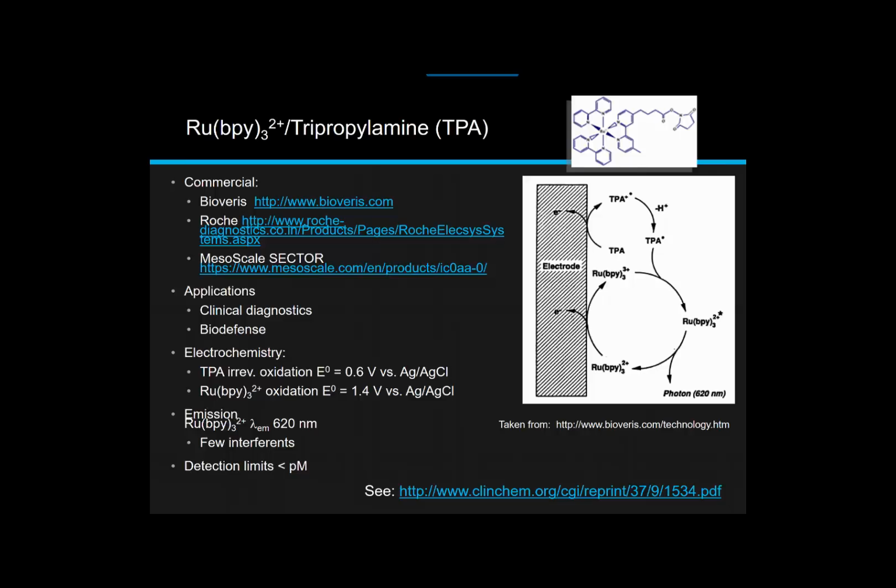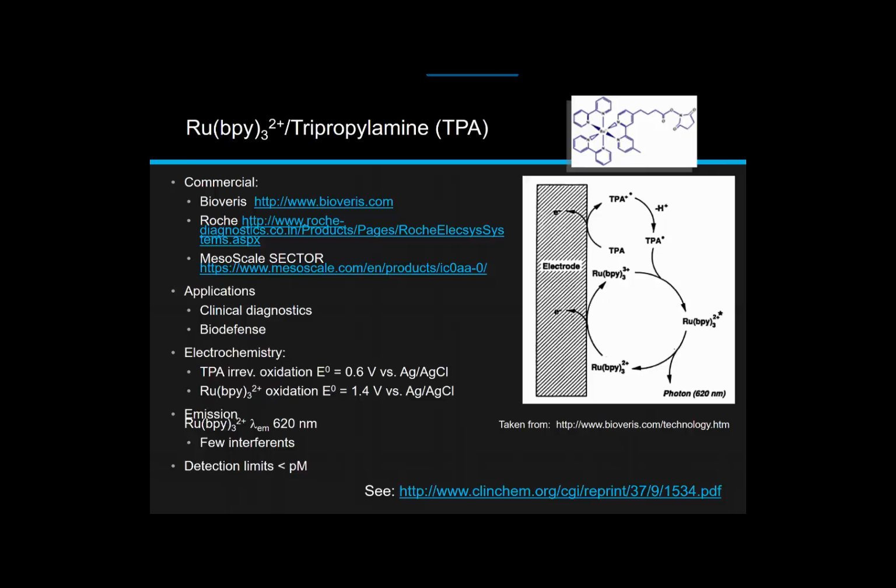And as an example of how these assays work, we'll look at an early study done in 1991 that was based around the use of tripropylamine, often referred to as TPA, and N-hydroxysuccinimide modified ruthenium trisbipyridine.